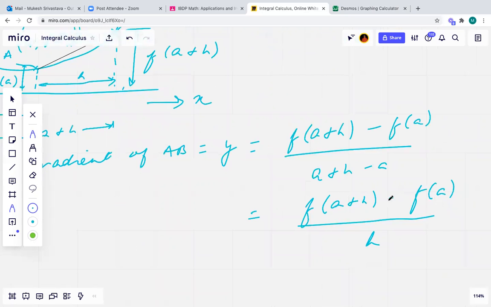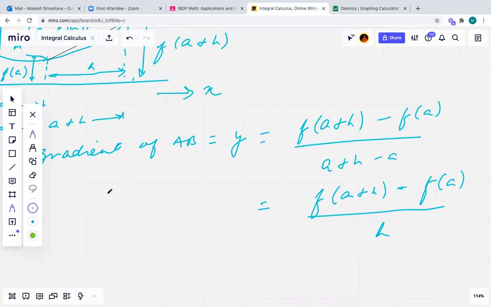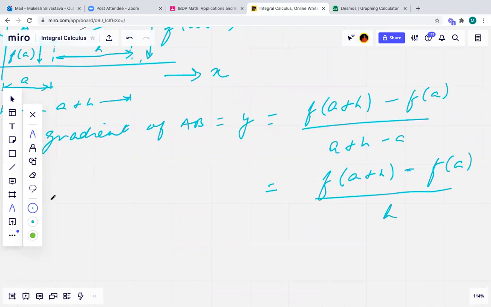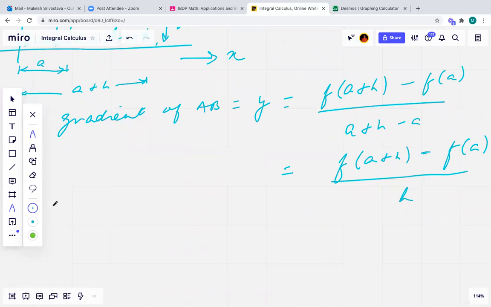Okay, now see, what does this mean? You see my y is changing from y to y plus delta y.